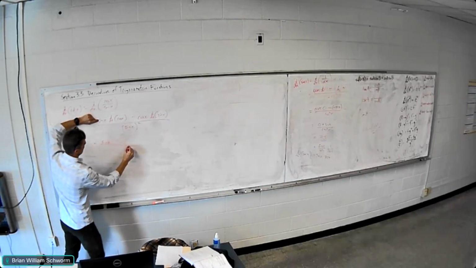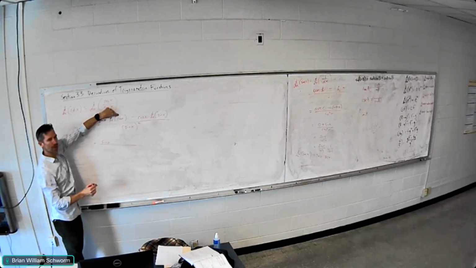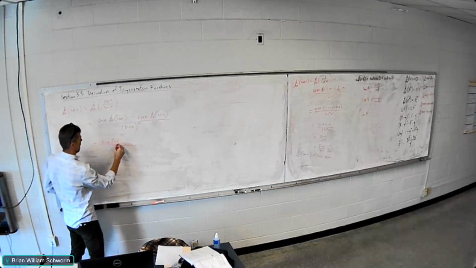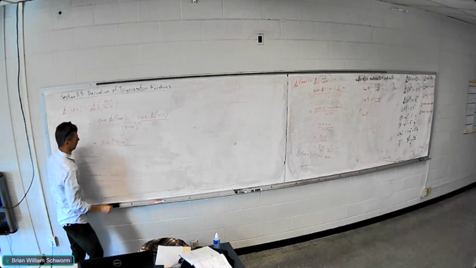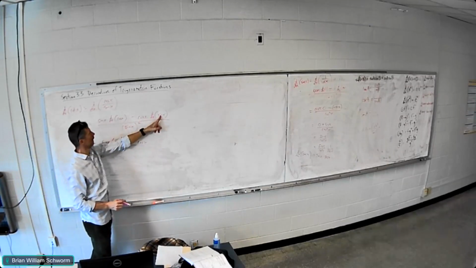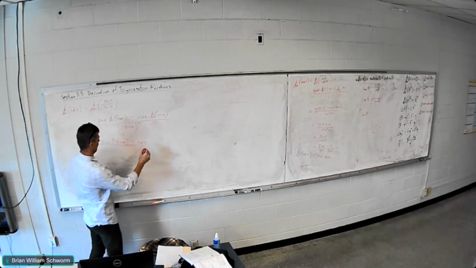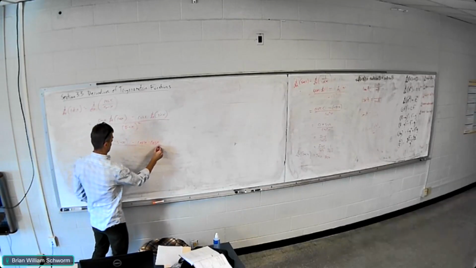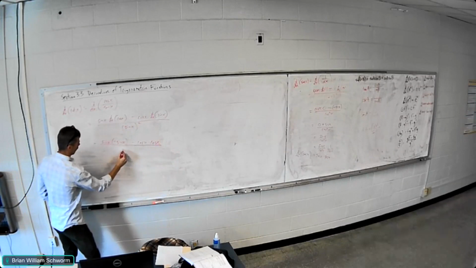Sine times the derivative of cosine, which is negative sine. That's cosine times the derivative of sine, which is cosine. Over sine squared.